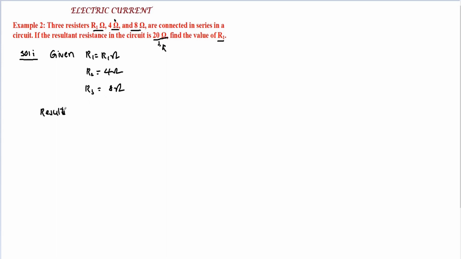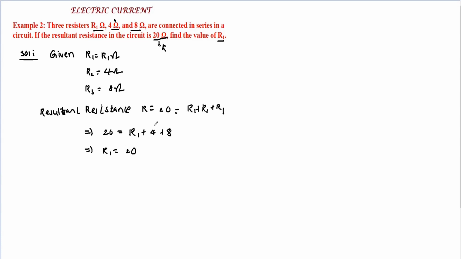What is the resultant resistance? Resultant resistance R equals how much is given? 20 ohm. That means R equals R1 plus R2 plus R3. So what can we write? R means 20 ohm equals R1 ohm plus R2 means 4 plus R3 means 8, and from this R1 equals 20.